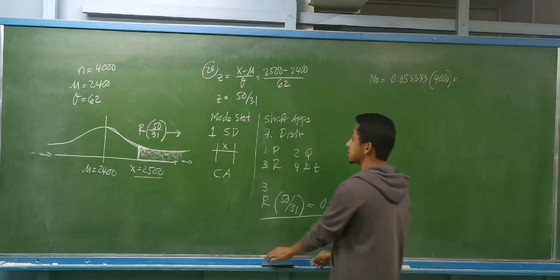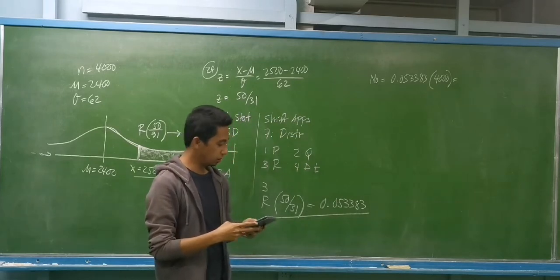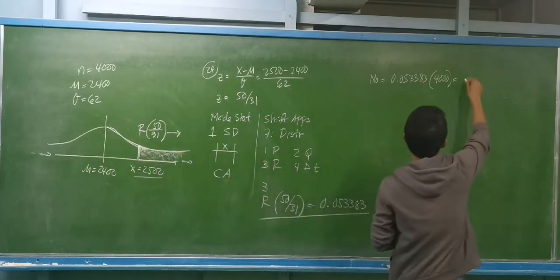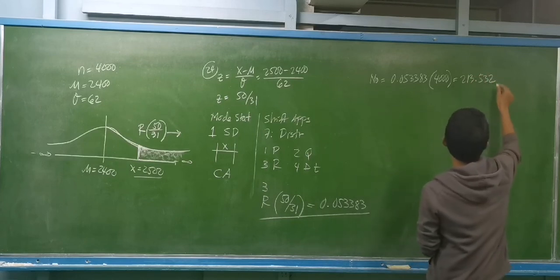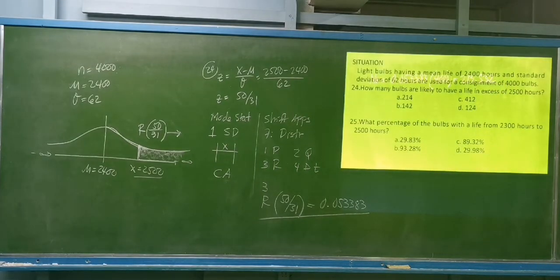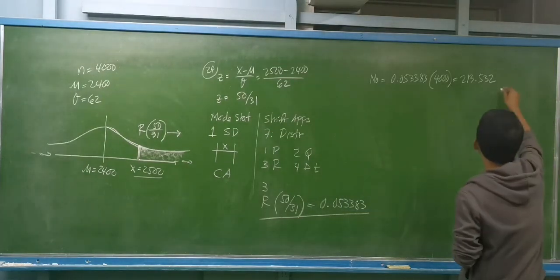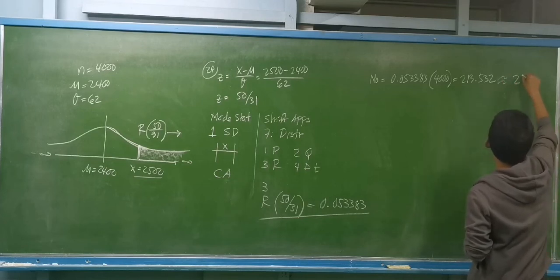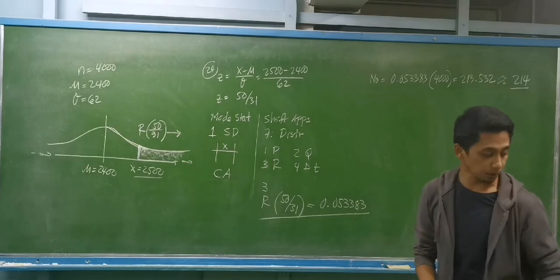So, multiplied by 4,000. Yung nakuha ko dito is 213.532. Check natin sa choices. Pinakamalapit na si 214 kasi wala naman tayong 0.532 na bulb. So, this is approximately 214. Yan yung ating sagot sa number 24.